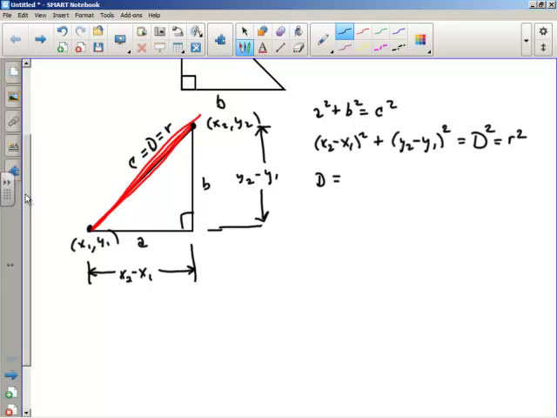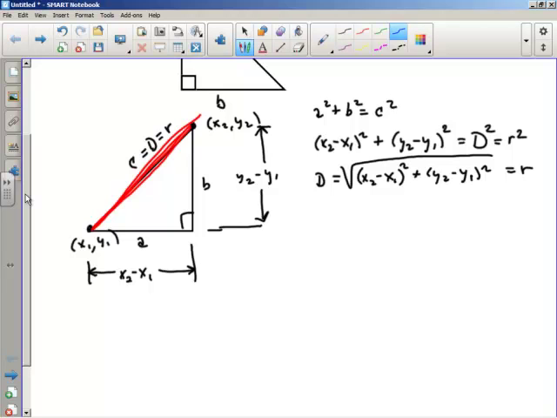Well, D, just take the square root of both sides. And that's the distance between 2 points in a plane. That also equals R.